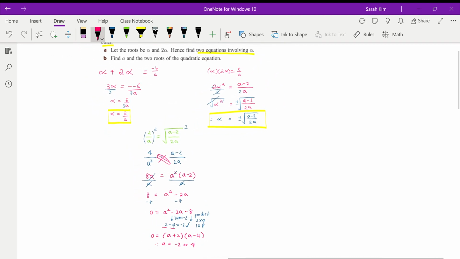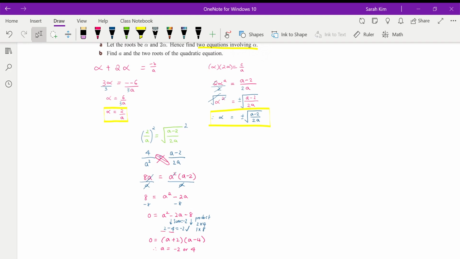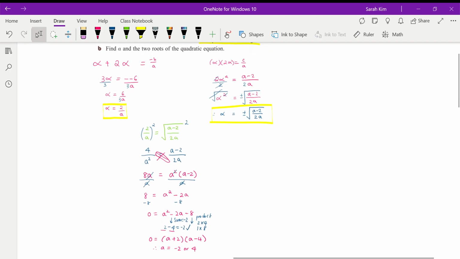So find a and the two roots of the quadratic equation. So I should be able to find two roots if I sub that in, hopefully. So if I use these facts again, 3 alpha equals, sorry, technically I could use this one because that's more simplified. 3 alpha equals positive 6 divided by negative 2. That could be one option.